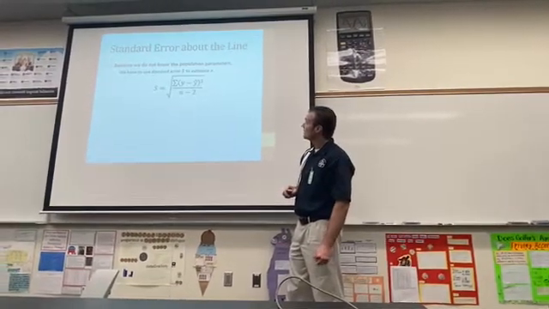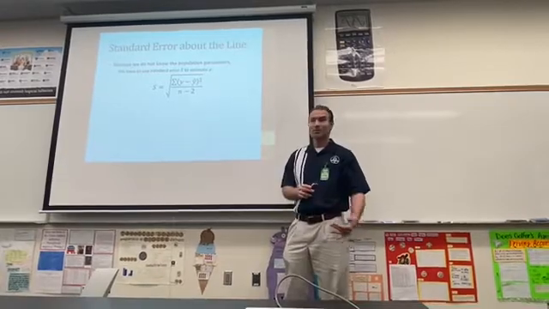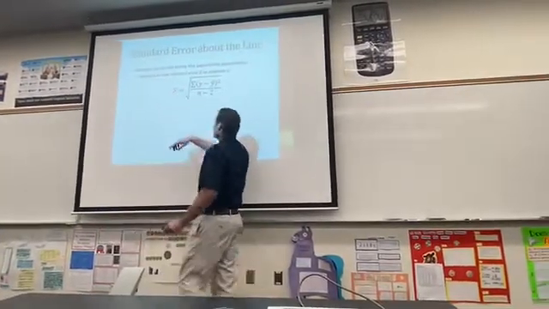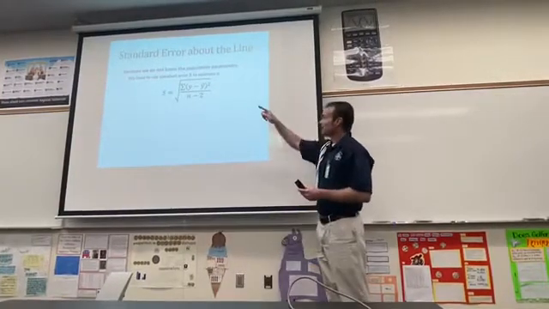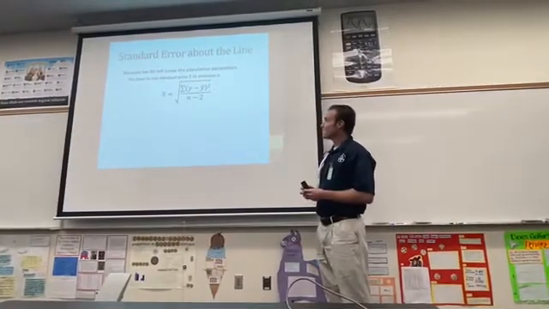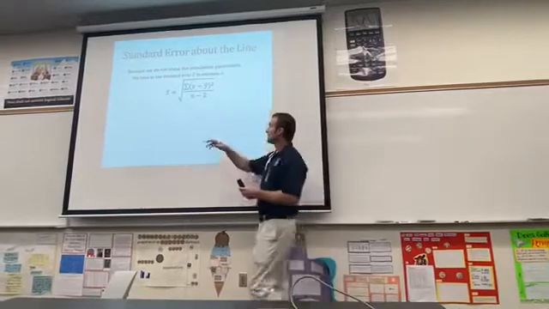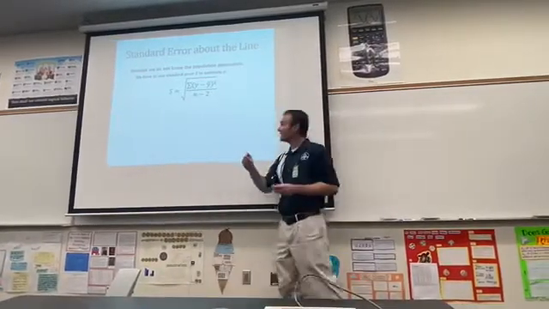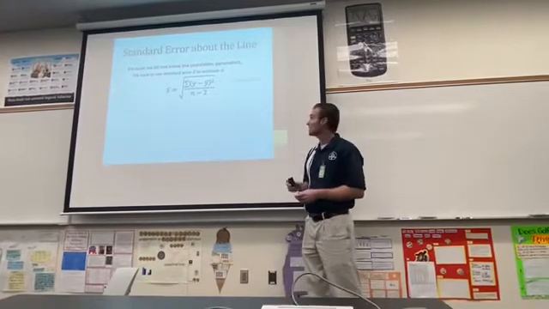Again, it's a statistic. We don't have the parameter, so we're going to use s, and here's how we calculate the standard error. Observed y minus predicted y, squared, divided by the degrees of freedom, n minus 2, and then we square root that.